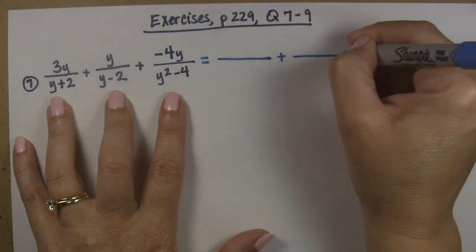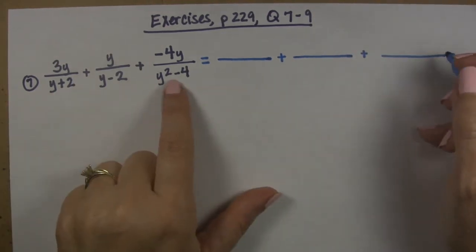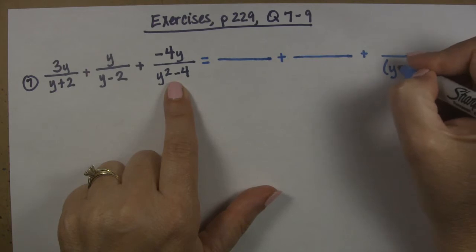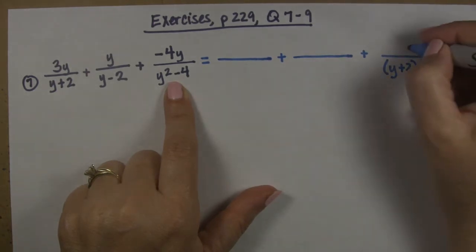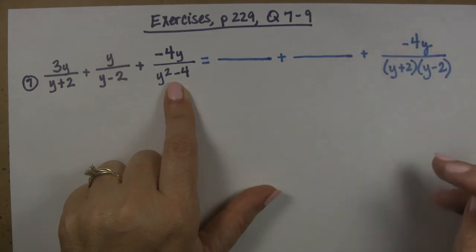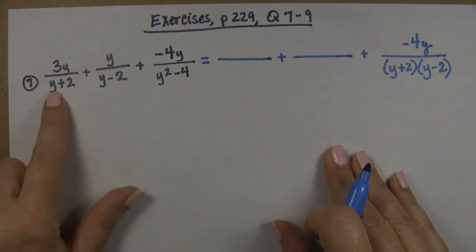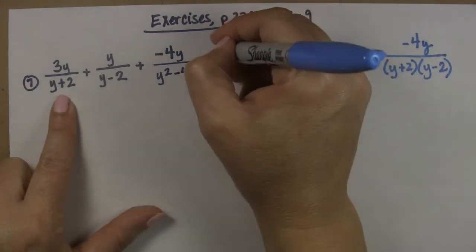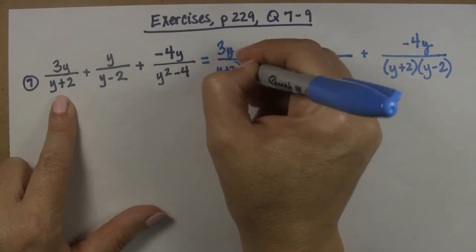So I'm just going to draw three fractions here, and I'm going to go ahead and change this one into y plus 2 times y minus 2. And I'm not going to need to change anything on the numerator, so I'll just leave that negative 4y. So now going back to this first one, I have 3y over y plus 2.